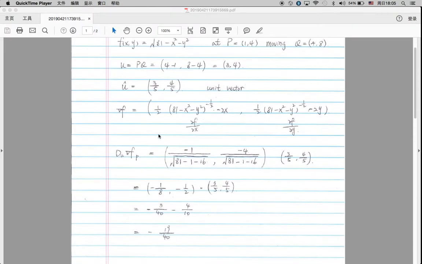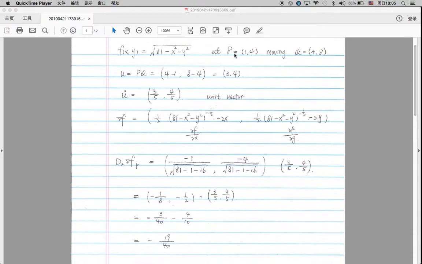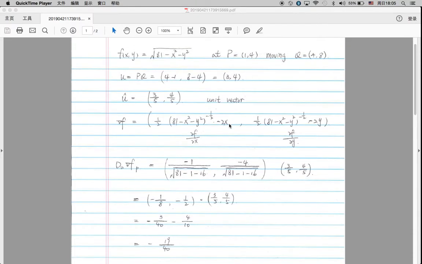To calculate the directional derivative, we use the gradient multiplied by the unit vector of the direction we are looking for, and we also need to plug in (1, 4).